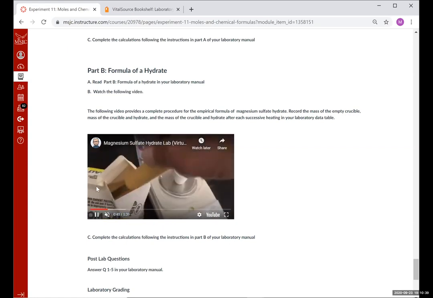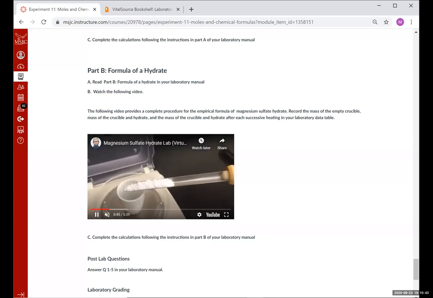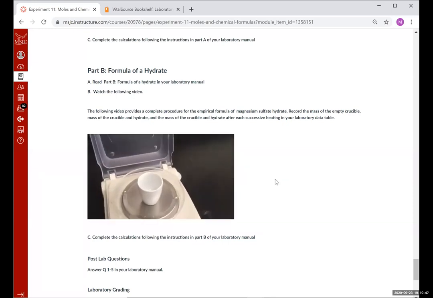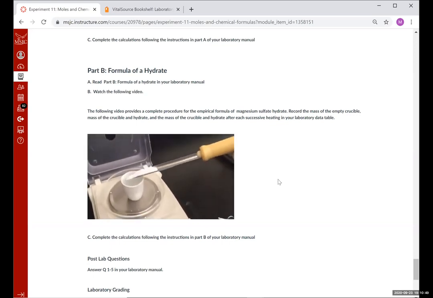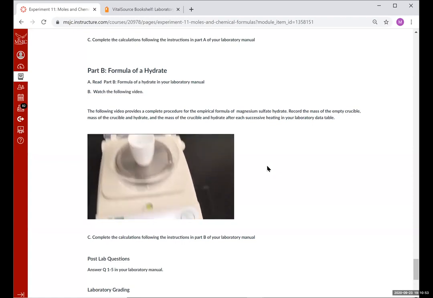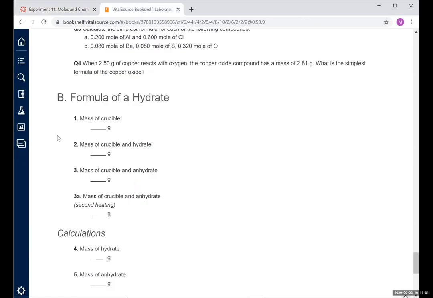Then they add the salt, which is your magnesium sulfate hydrate. This is your hydrate. And after they finish adding their salt, it takes them a little bit, then they pan to the balance once again, and you'd use this for the mass of your crucible and hydrate.